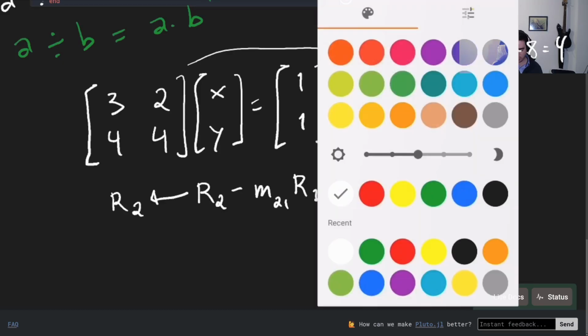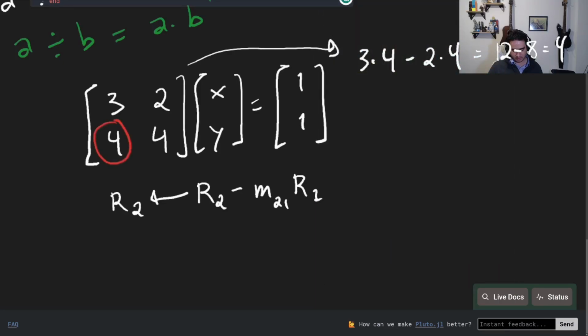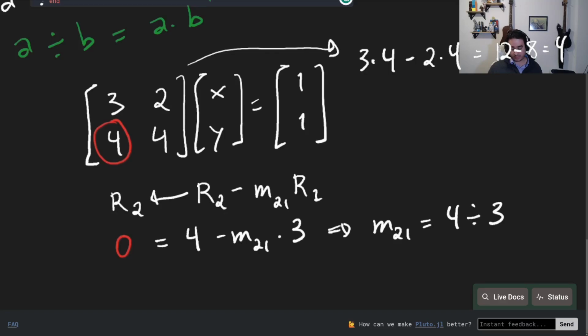And what you want to do is make this number here, eliminate this number. So you want to make a 0 appear instead. So in that position you want a 0. And you're gonna use a 4 and a 3. So the number M21 has to be 4 divided by 3.